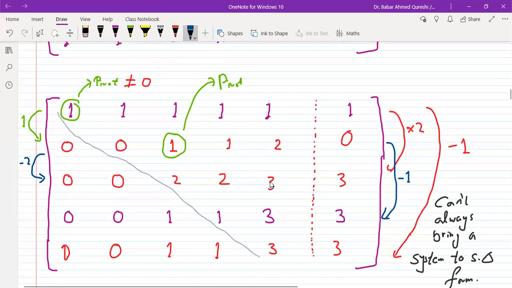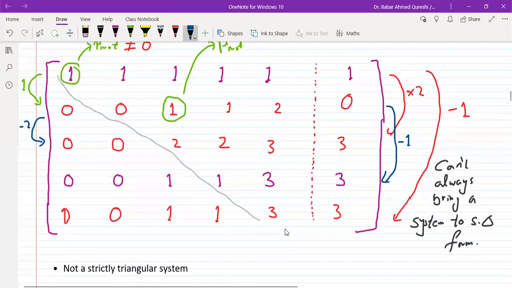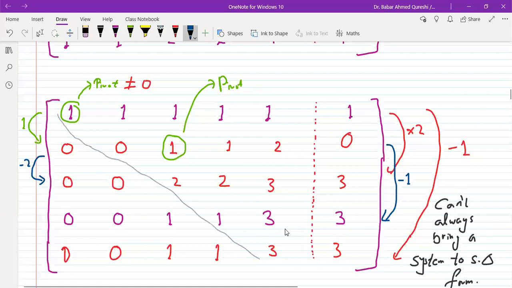So you move to this one and then start eliminating things below it. So finally, you get, so when I do this, the first step, I get zeros here.